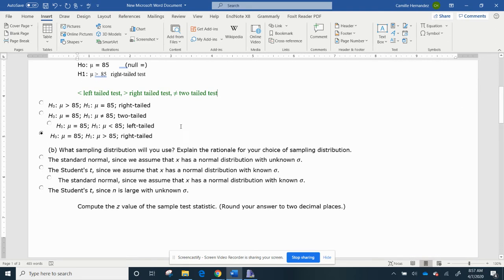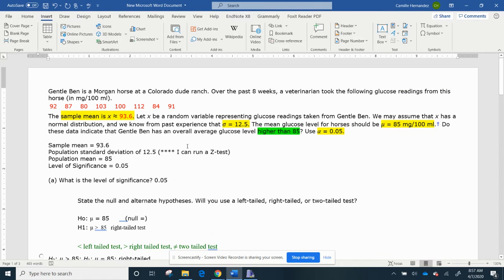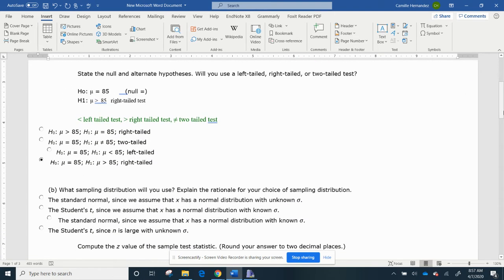Let's keep going. Okay, down here, what sampling distribution will you use? All right, so let's go up here. Remember I said I had written all my stuff out and I had population standard deviation equals 12.5. If you have the population standard deviation, that triumphs a t-test, which you'll see in 8.2.